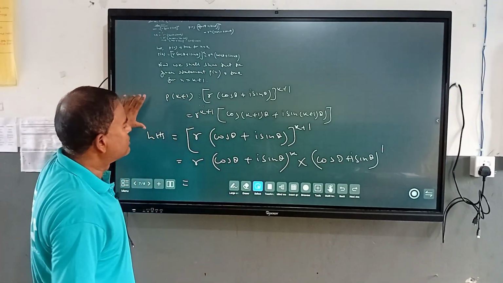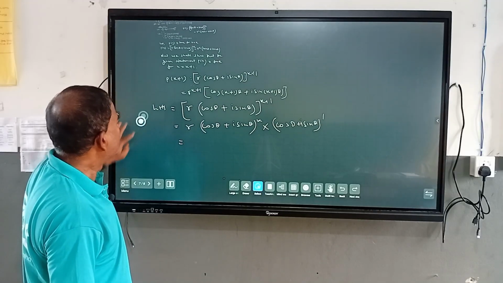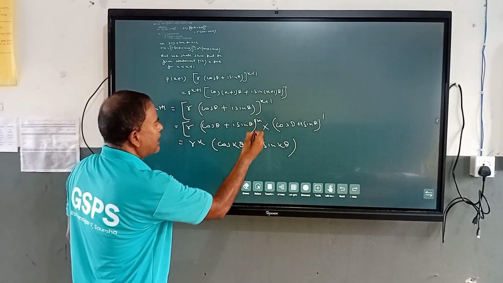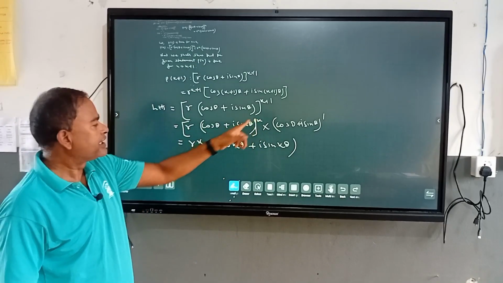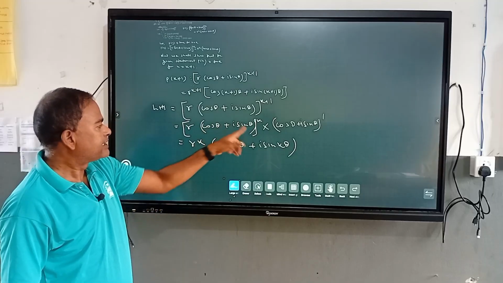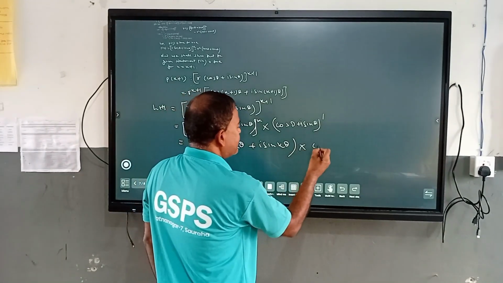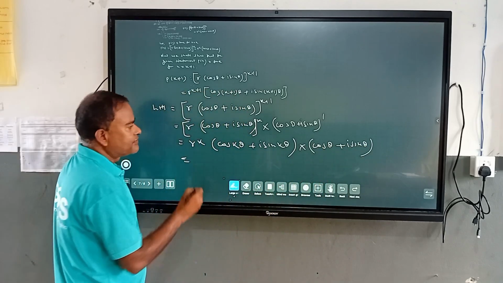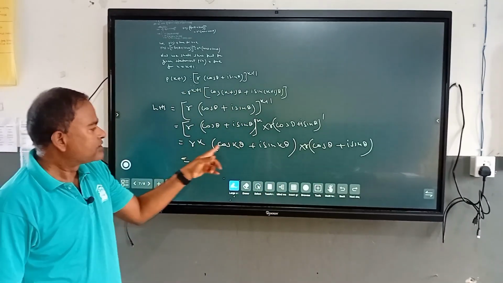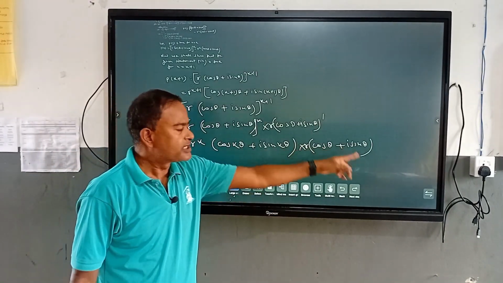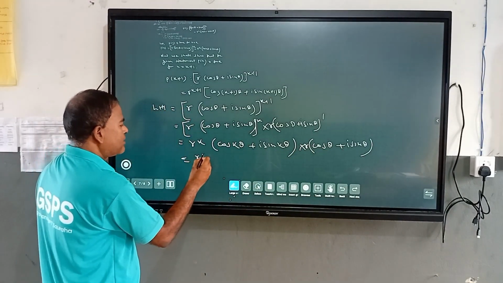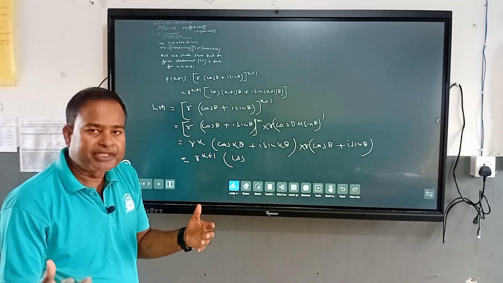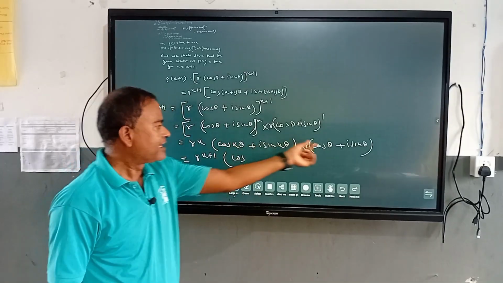So now we substitute this value, and the part r(cos theta + i sin theta) stays as it is. After multiplying, we get r^k into r, which is r^(k+1), and according to the multiplication rule of complex numbers, the angles are added.